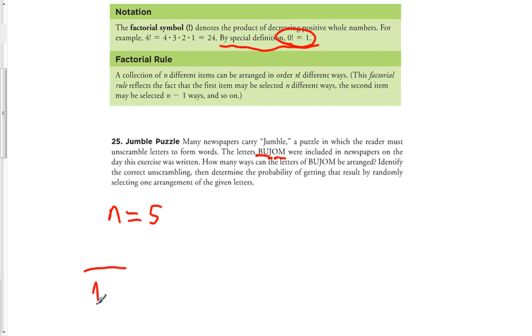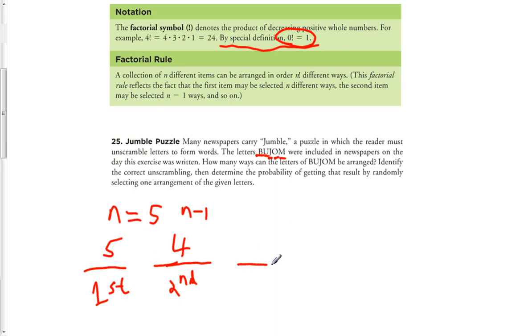The first choice is out of 5 things. In the second choice, you don't have whatever letter you chose first to choose from anymore, so there are only 4 choices. That's n minus 1, actually. N minus 1 is 4.